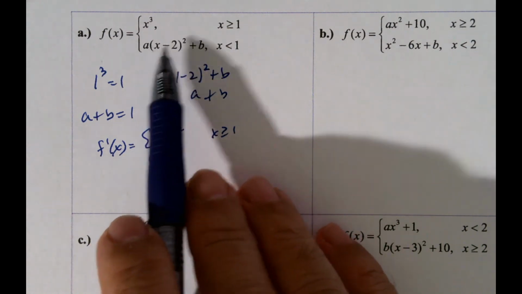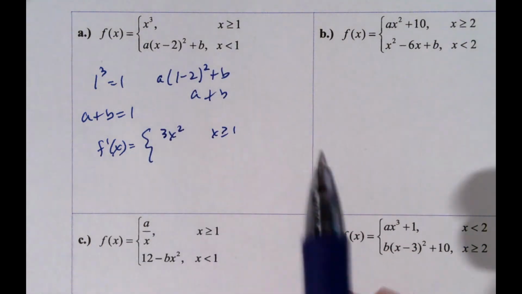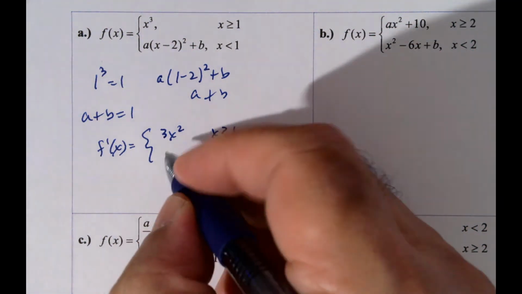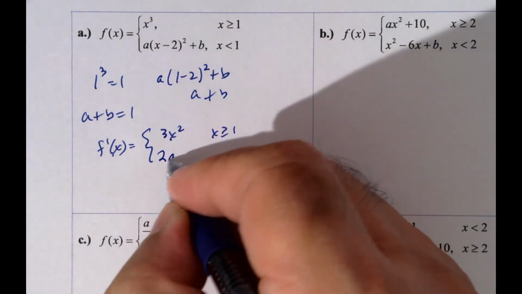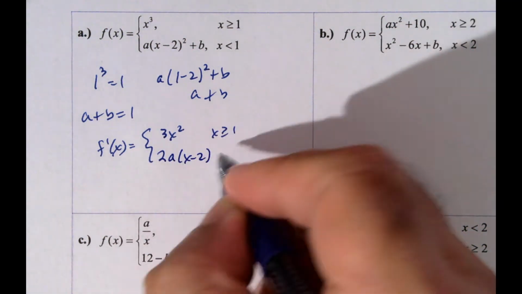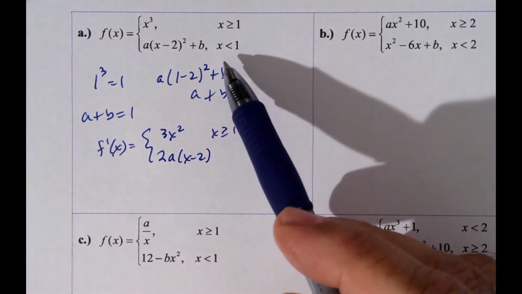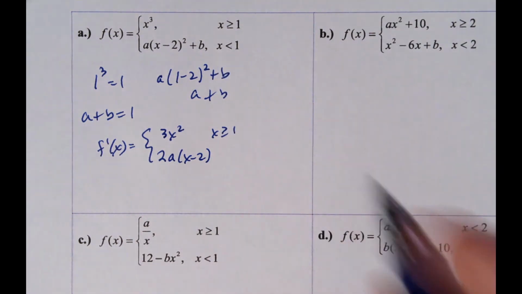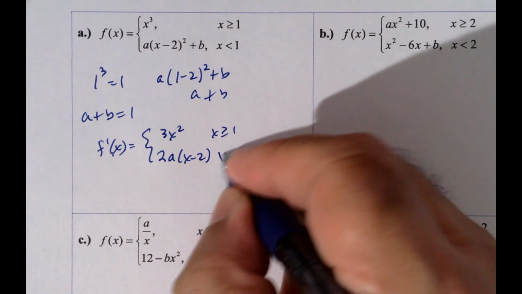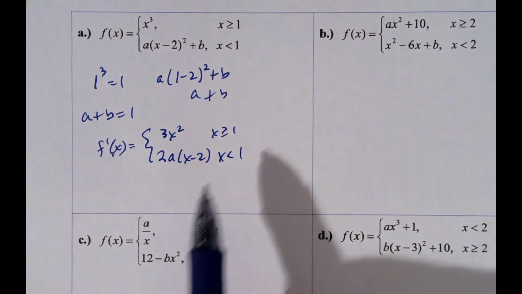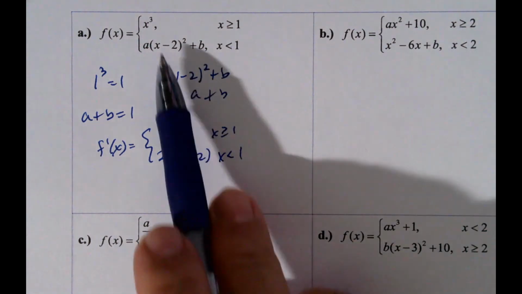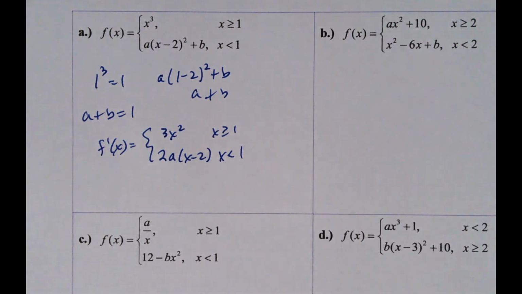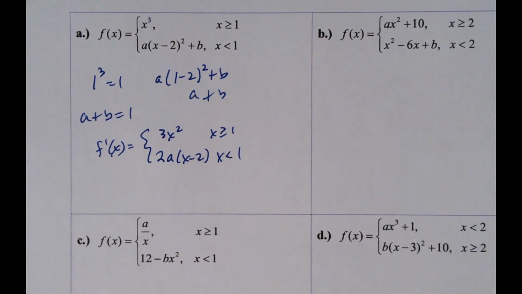There is another rule lurking in the background, but it's not necessary for this one, so we're going to ignore it. And b is a constant, so the derivative of b is 0, and it goes away. And this is for x less than 1. Technically, we could have multiplied out the (x minus 2) squared and we would have gotten the same derivative. I just cheated, but you'll get over it.